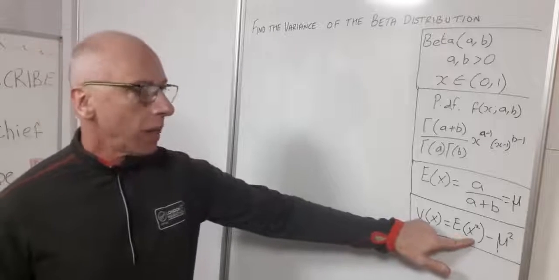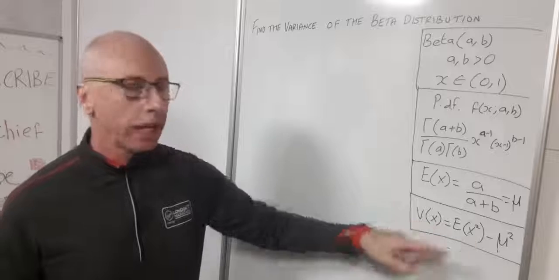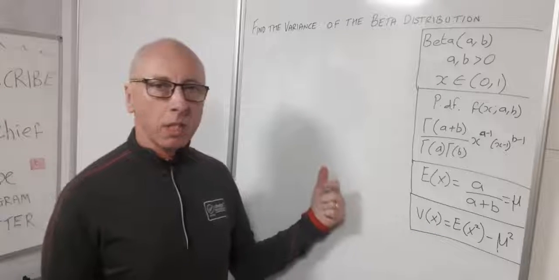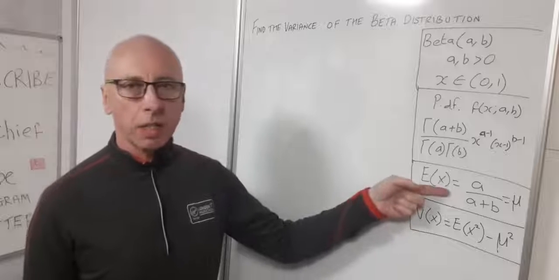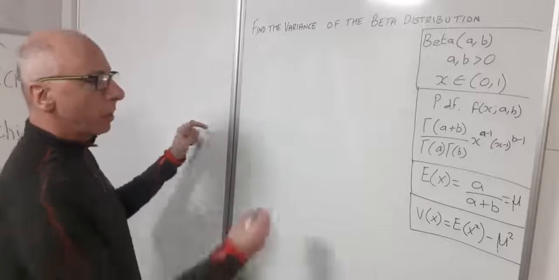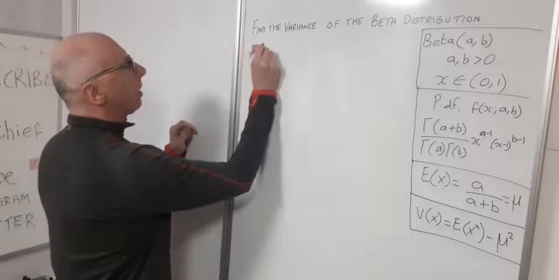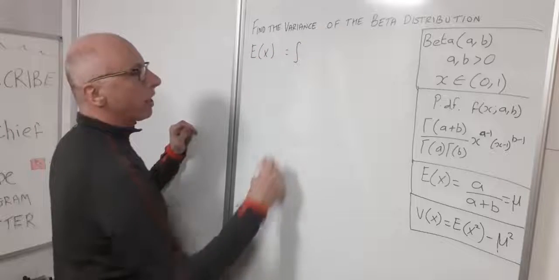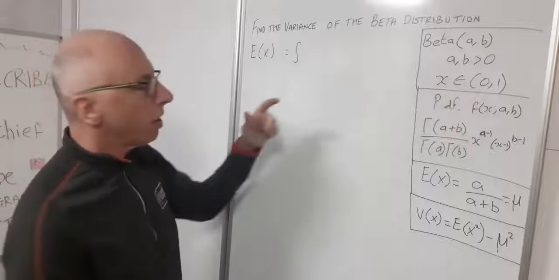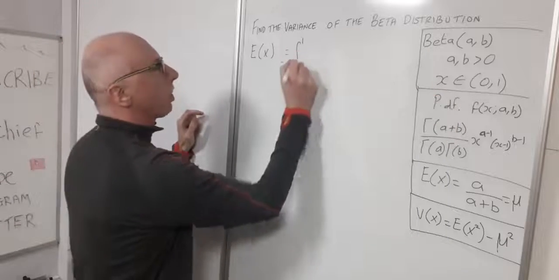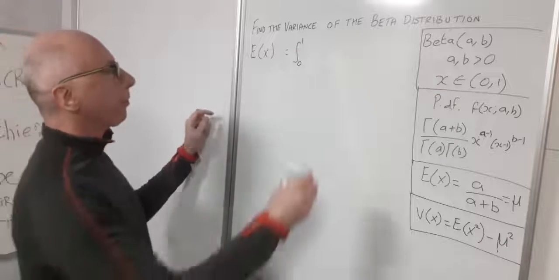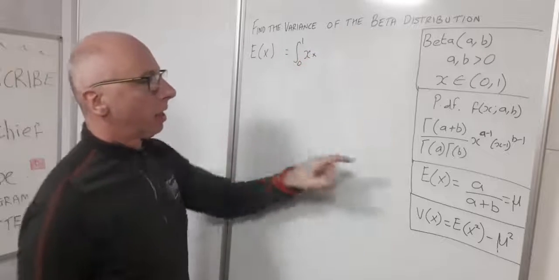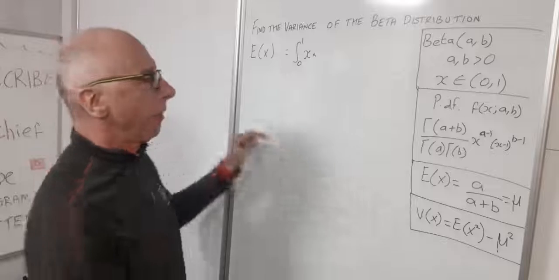But now we need to find the second moment, E of x squared. How are we going to do that? Well, we can use the same method as we did in the previous video to find the expectation of x. So what we did was E of x was calculated by integrating over the support, which is 0 to 1, the range of our beta distribution, and then we multiply by x times this PDF.